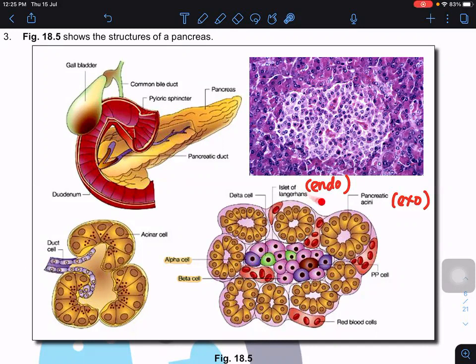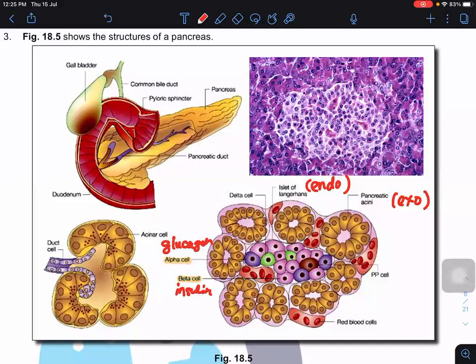Because of being endocrine glands, they need the blood vessel to help transport the hormone to the target organ. So we need to know alpha cells secrete glucagon, beta cells secrete insulin. These 2 hormones will be involved in the regulation of the blood glucose level.